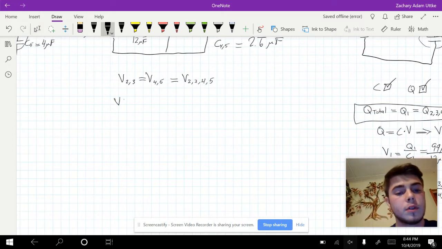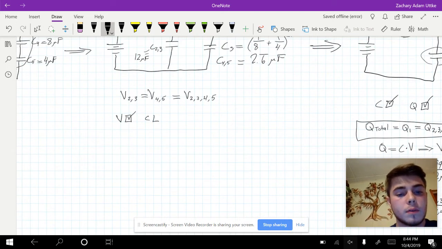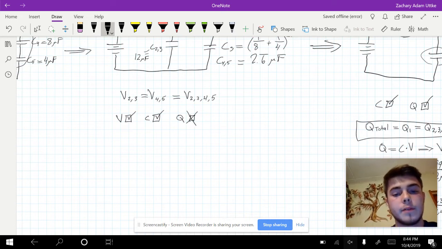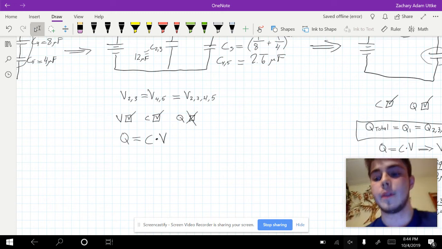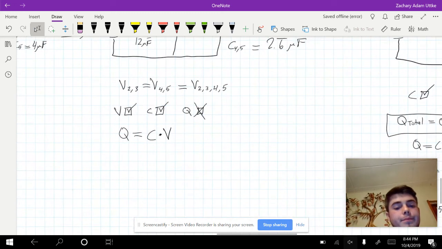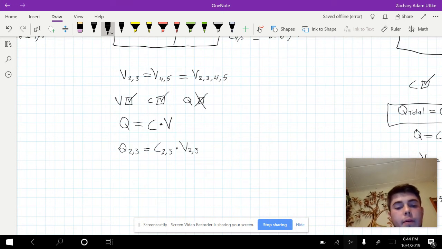Okay, so voltage we know, capacitance we know, but charge we don't know. So we have to figure out charge. This is just a repetitive process of using the same equation every step of the way. So Q2, 3 equals C2, 3 times V2, 3.